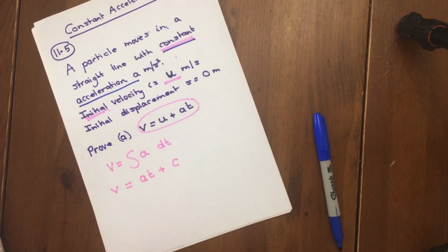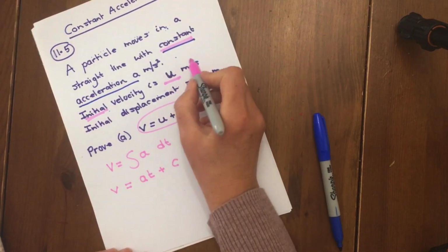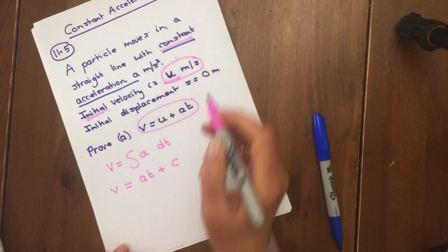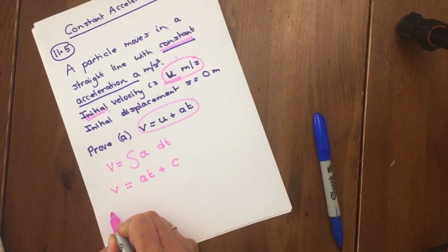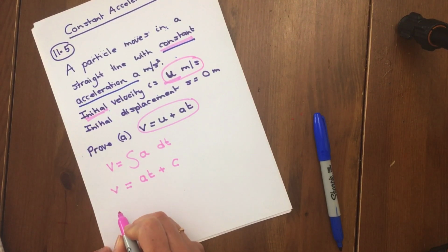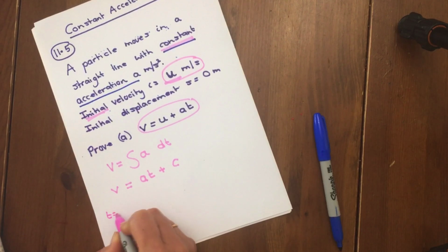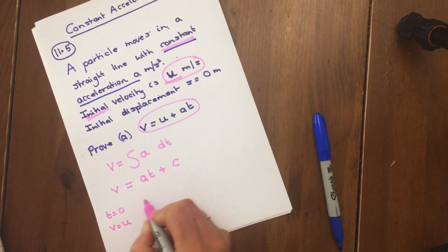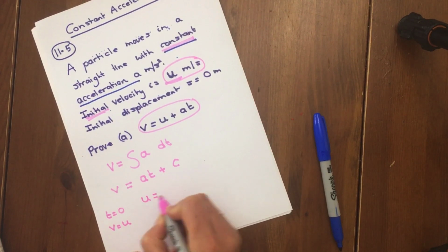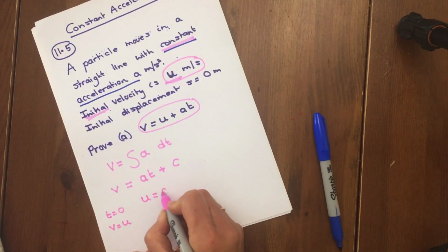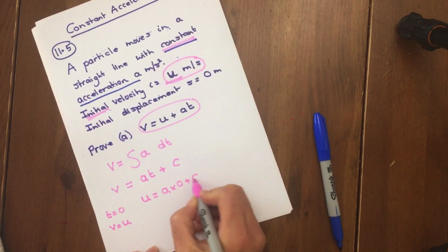Okay, well let's find the constant of integration. How are we going to find that? Well, we know the condition here at the beginning: s is naught and velocity is equal to u. So at the beginning, when t equals naught, my velocity is equal to u. So let's put that into this formula. u equals a times 0 plus c.